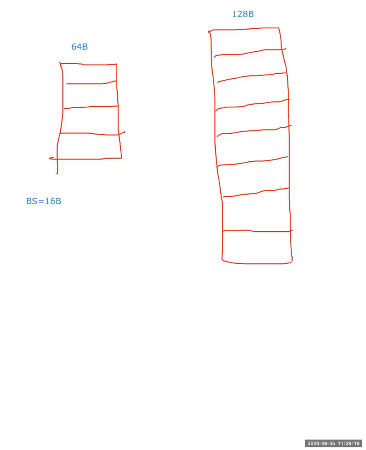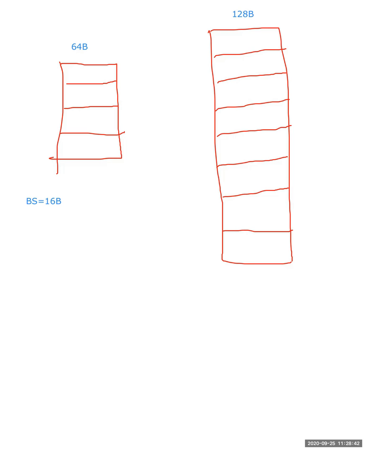So if I make block size equal to 16 bytes, I have four such blocks in L1, right? And 8 such blocks in L2. So this is assuming equal blocks across the caches.